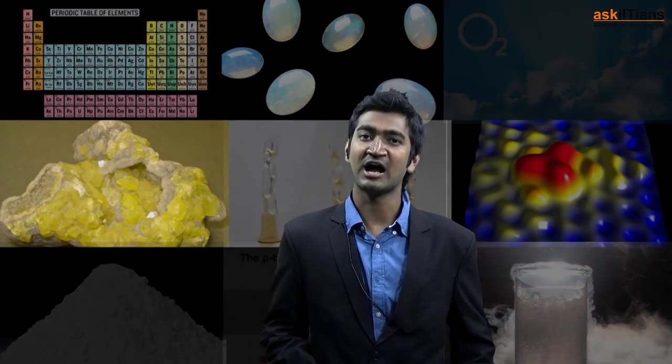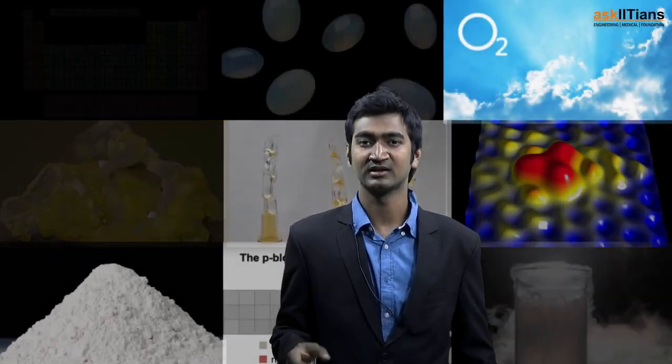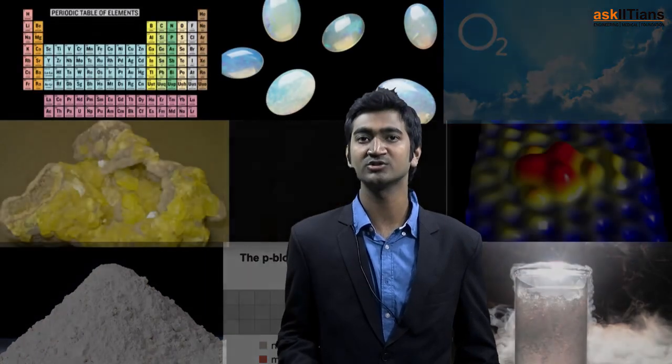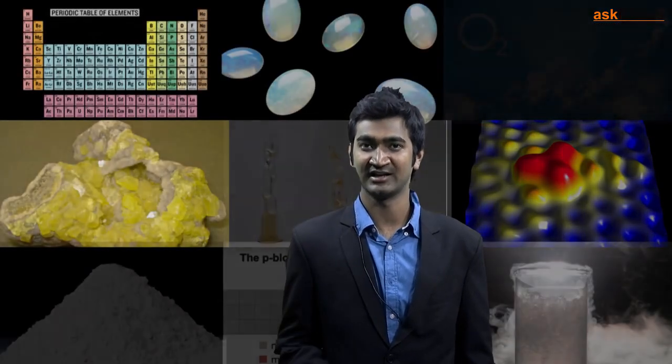So students, in this introduction part we saw where the P Block Elements are in the periodic table. Also, why these are known as P Block Elements: because the last electron enters the P subshell.